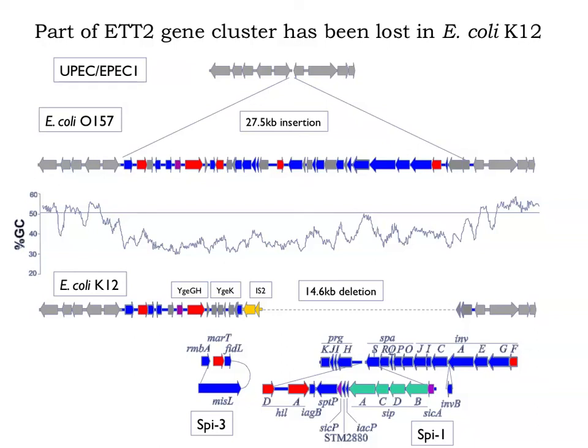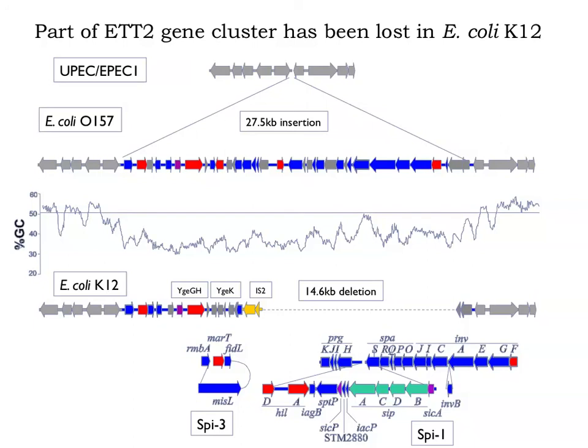If we look at the GC content in O157 for this region, we can see it swings down to be very low here. Then there's a fraction of this region present in K12. But tellingly, just at one end there are some insertion sequences, and that is like a smoking gun. What's probably happened is that ETT2 produces a type 3 secretion system.